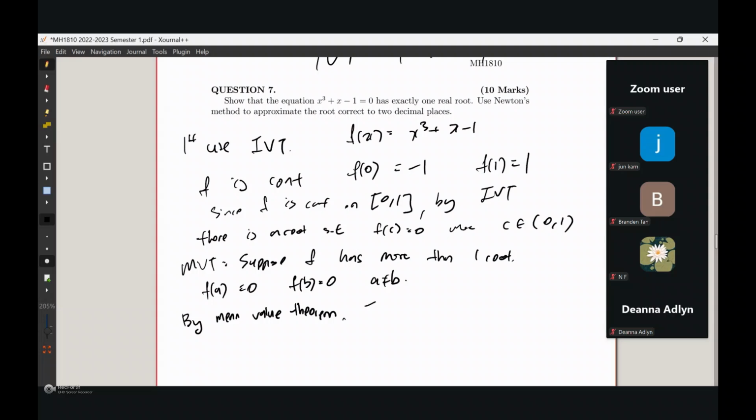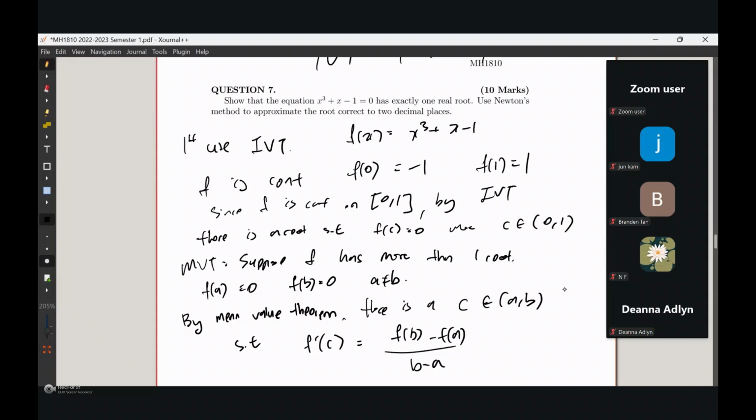By the mean value theorem, there is a c between a and b such that f prime of c is equal to f of b minus f of a over b minus a.